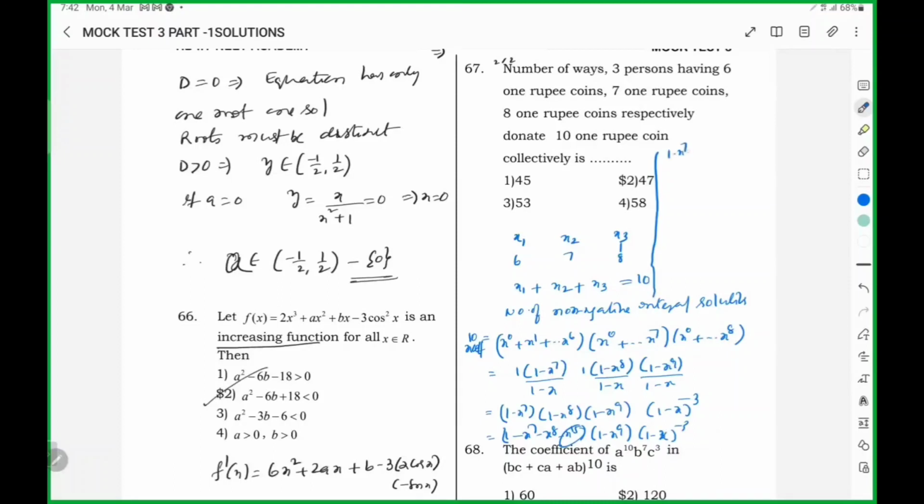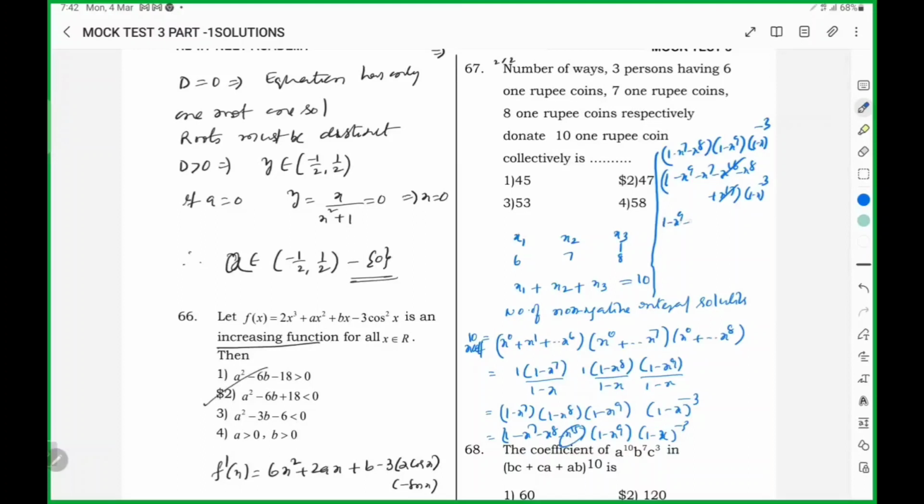Again, multiply with 1 minus x power 9 into 1 minus x whole power minus 3, where we get x power 9, x power 7, x power 16, x power 8, x power 17. This and this no need to consider.